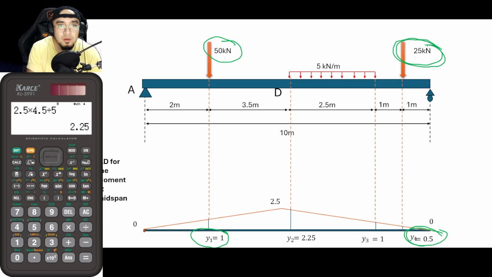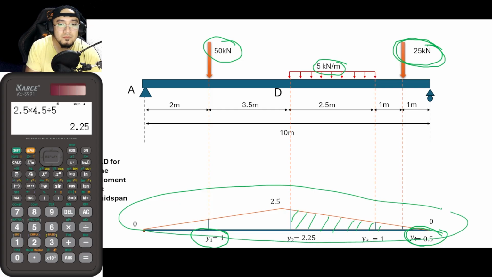And then we would be multiplying 5 kilonewton per meter to this total area here. So why would we do that in the first place? Again, guys, when we solved for this ILD here, we assumed a unit load. Okay? So 1 kilonewton. And from that, guys, in this 1 kilonewton load, we are not to make use of that in real life.